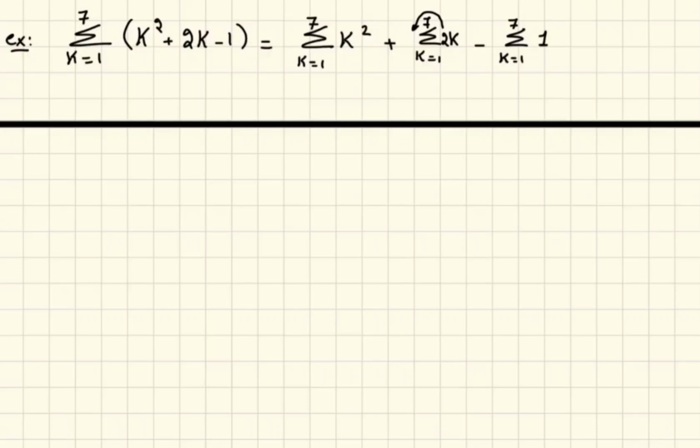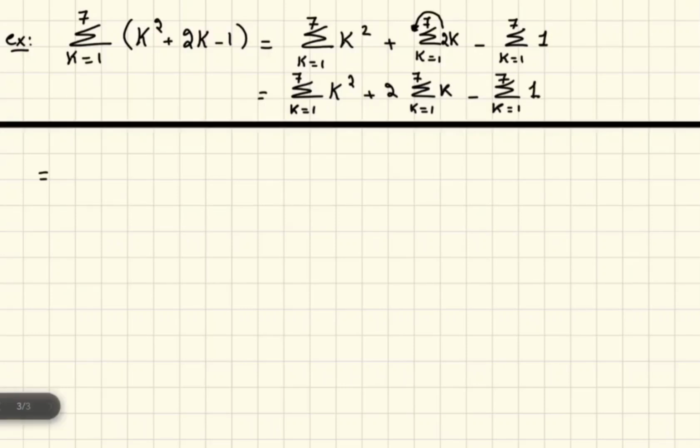Now this 2 is multiplied, so we are allowed to take it outside. So I'm going to just rewrite it one more time. I'm writing in details, but you can notice that while separating, you can write the 2 directly outside. So from k equals 1 to 7, and this is the last one.